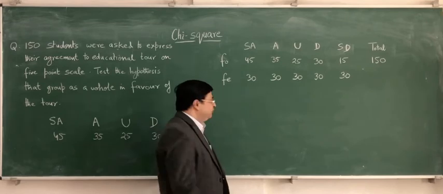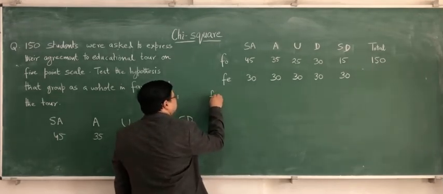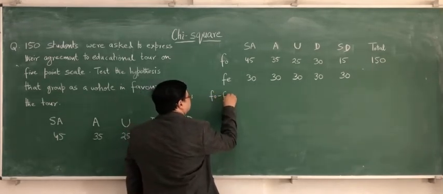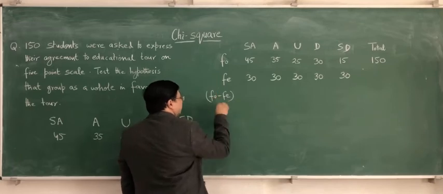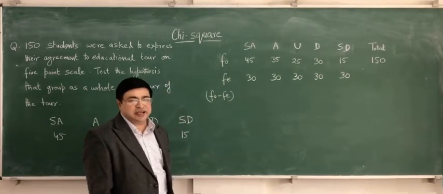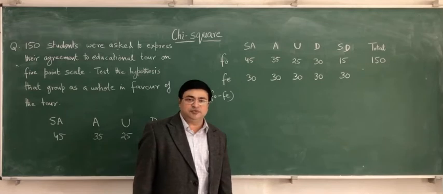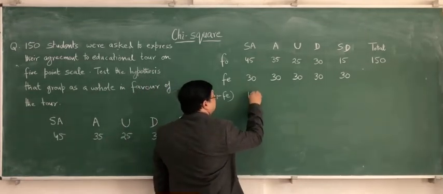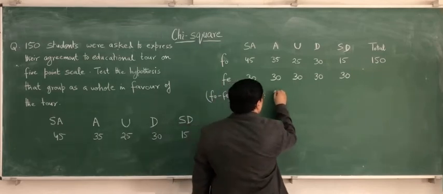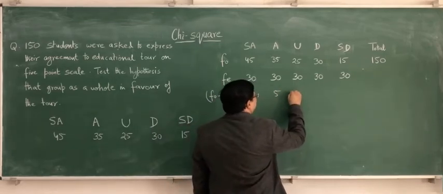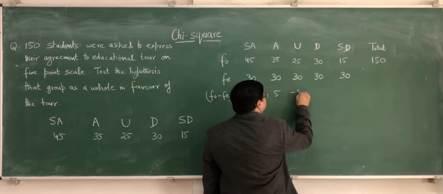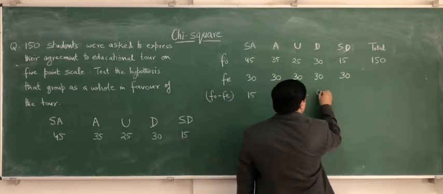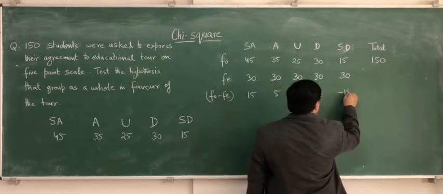So next step, we have to subtract expected frequency from observed frequency. So it will be 15, 5, minus 5, 0 and minus 15.